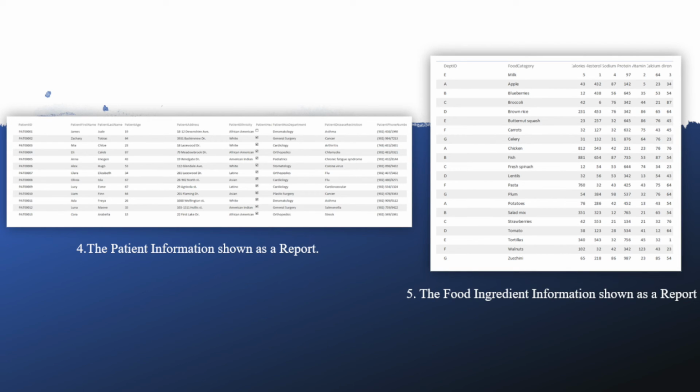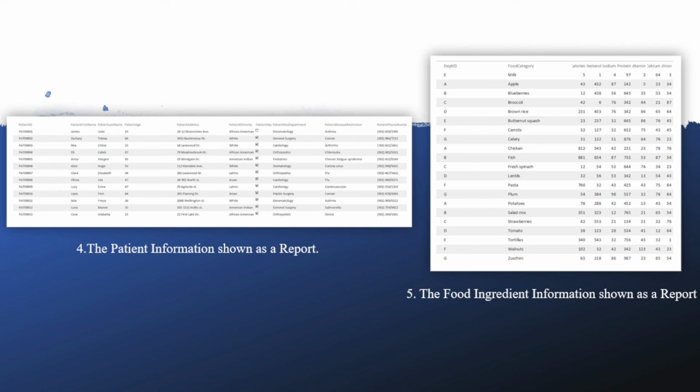The fourth report mainly confirms the patient's age, name, home address, telephone number, and other details, so as to ensure that every food distribution is in the hands of the right patient.